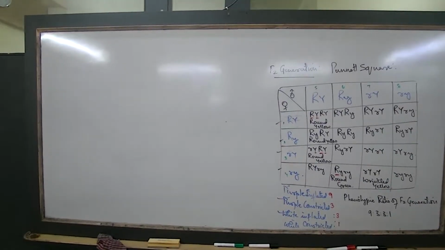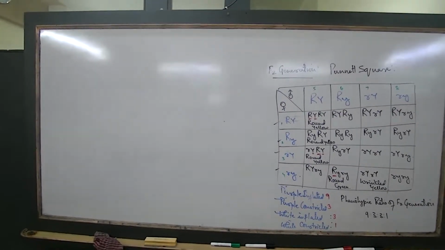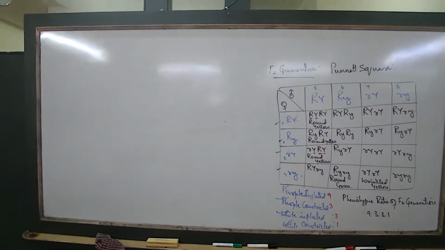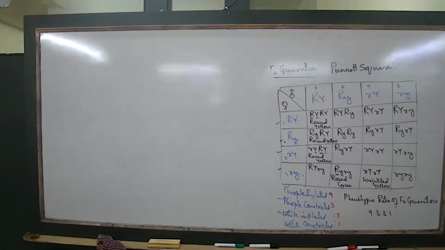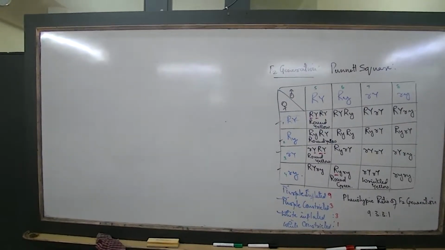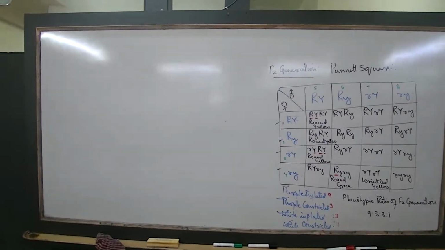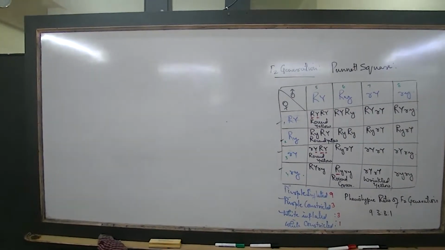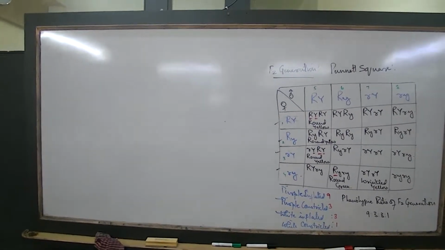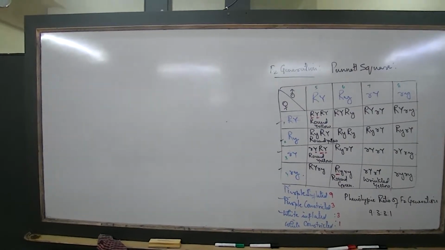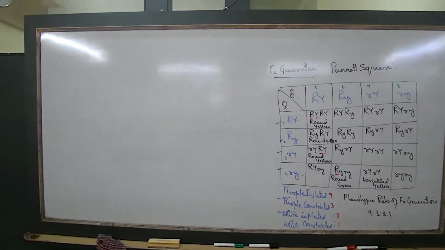If the round and green plants are crossed with wrinkled and yellow, then F1 generation plants will be what to write? 50% round and yellow, round and green, 70% wrinkled and green, 100% round and yellow, 70% wrinkled and yellow.